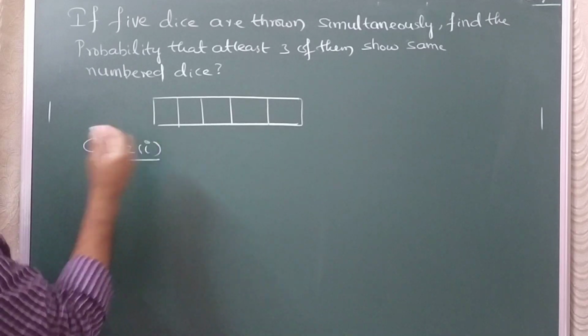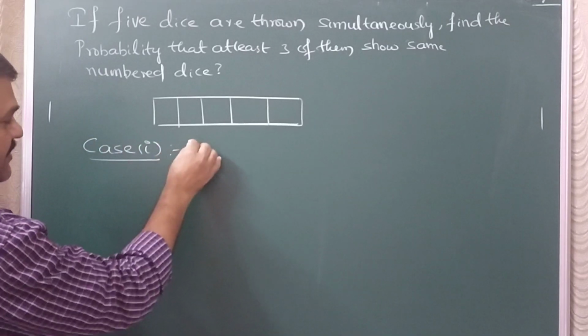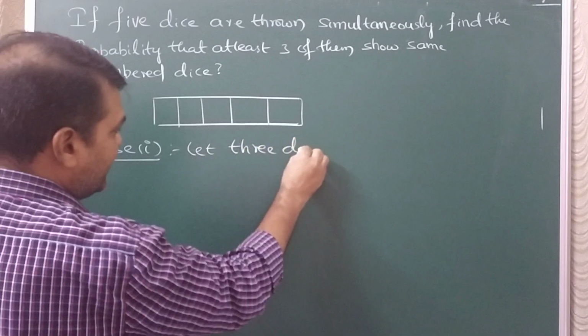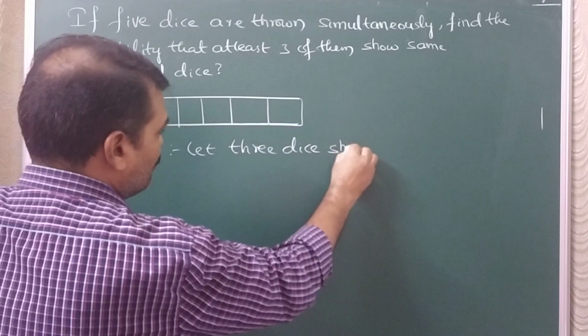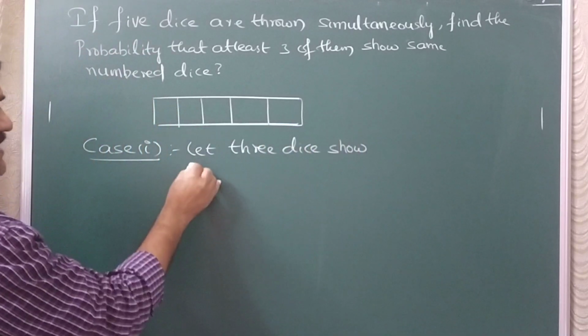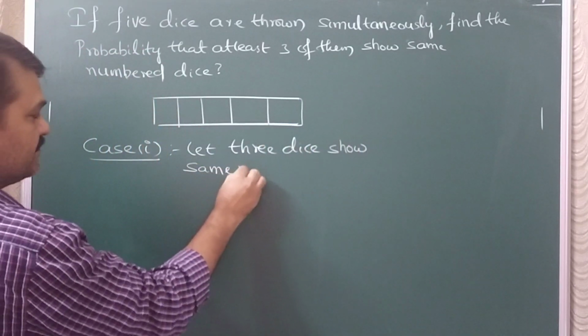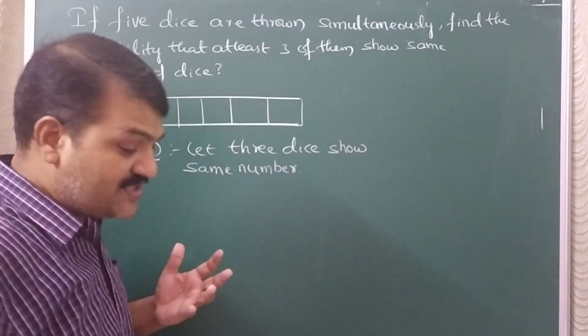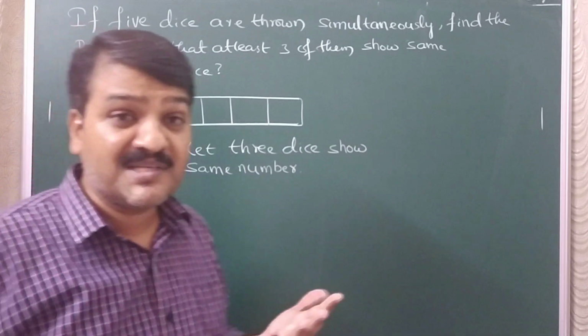So first case is, let 3 dice show same number. So 3 dice show same number means what number?